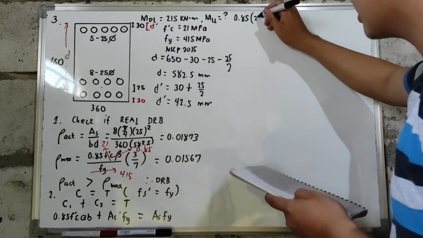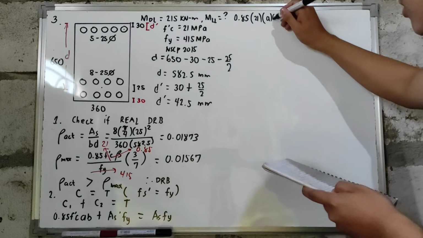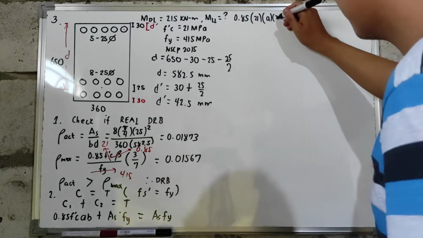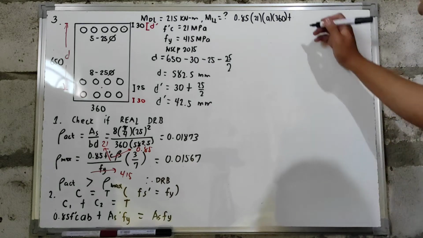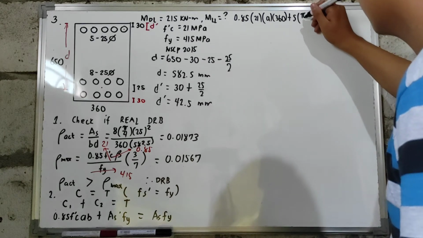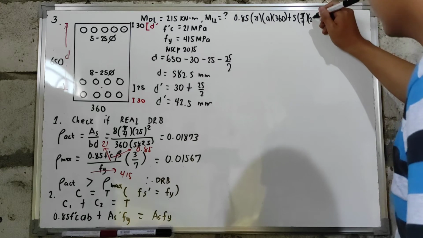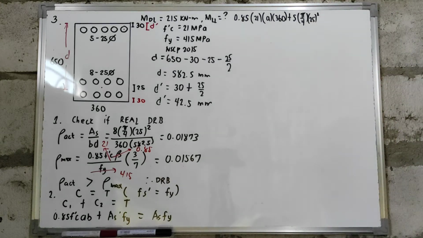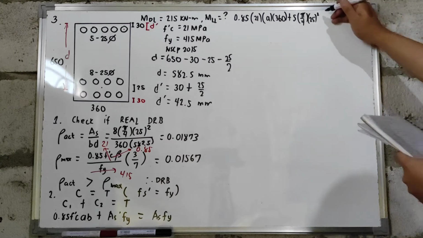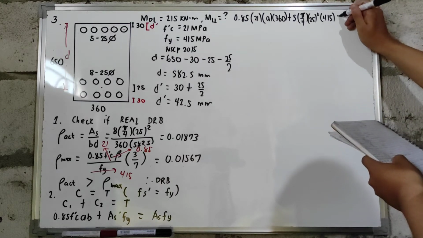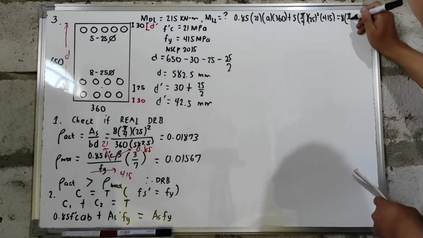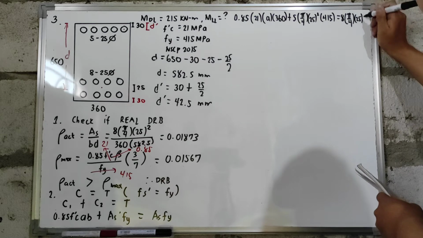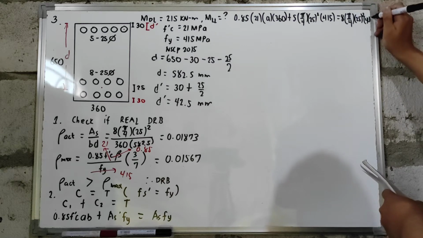So F prime C that is 21, yung A natin yun yung hinahanap natin, multiplied by B na 360 plus yung AS prime natin meron tayong 5 piraso na 25 mm diameter, multiplied by 415, is equals to meron tayong 8 pieces of 25 mm diameter multiplied by 415.